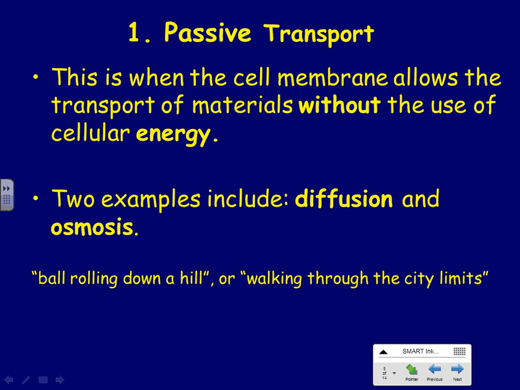So when these two types take place, diffusion and osmosis, the cell doesn't have to use any of its energy that maybe it has stored for whatever it's going to do.